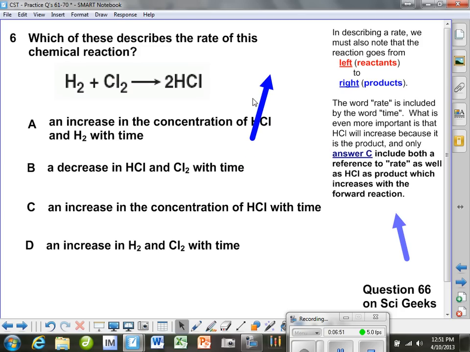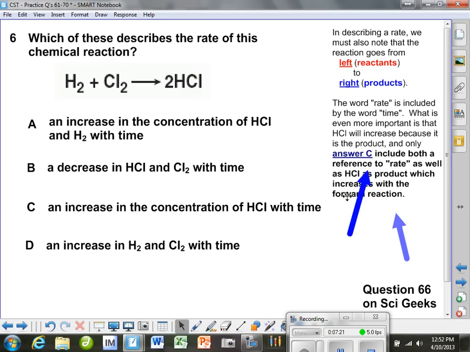Let's go ahead and see, in describing the rate, we must also note that the reaction goes from the left, where the reactants are, to the right, which is where the products are. And so the word rate is included with the word time, as I was just describing. What is even more important is that hydrochloric acid, the HCl, will increase because it is the product. And only answer C shows us that.